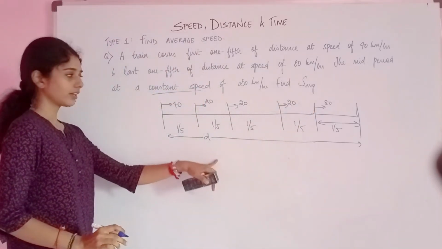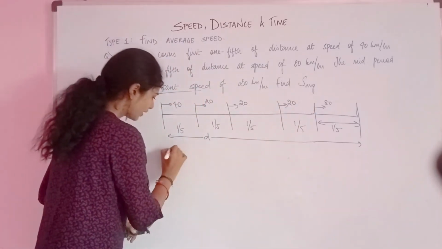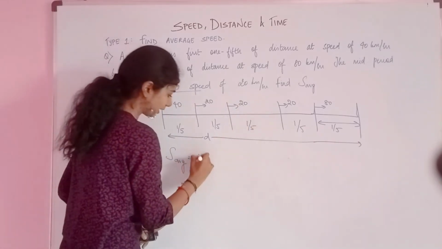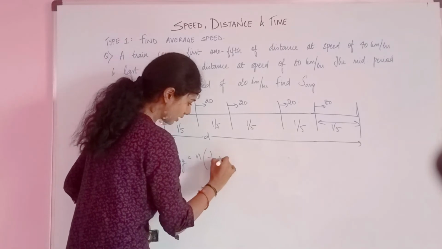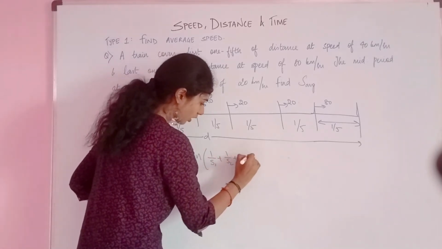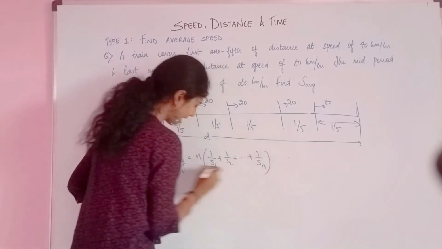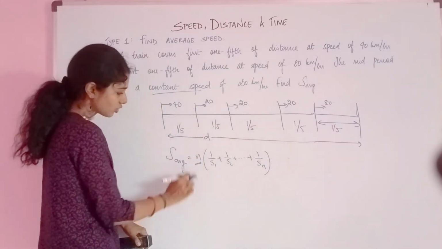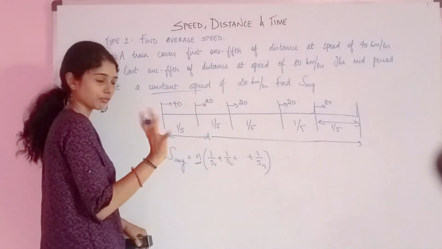Can I write it in this format? So we know the average speed formula. Average speed for equal distance is nothing but N into 1 by S1 plus 1 by S2 plus so on till 1 by Sn, where N is the number of parts the total distance is divided into. So what is N right now? N is 5.